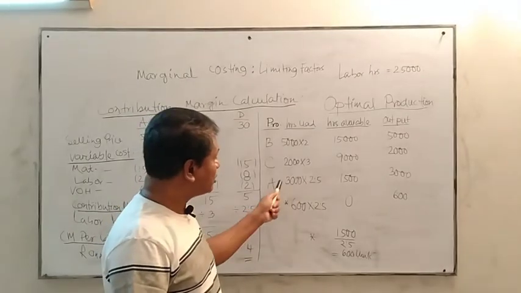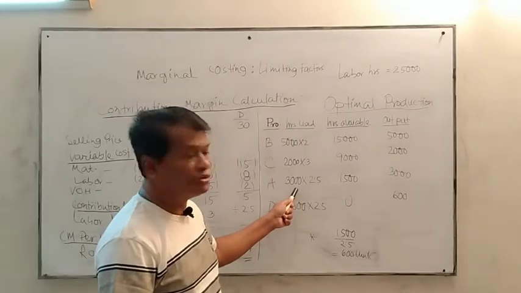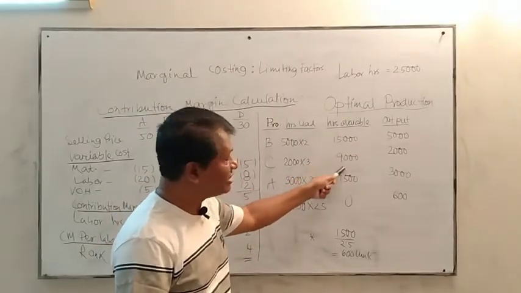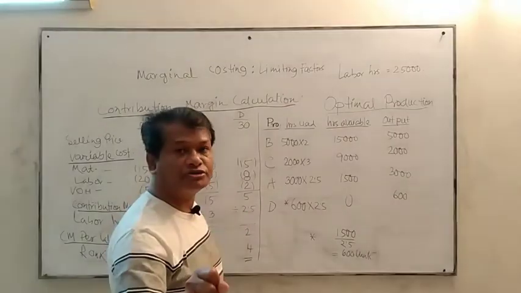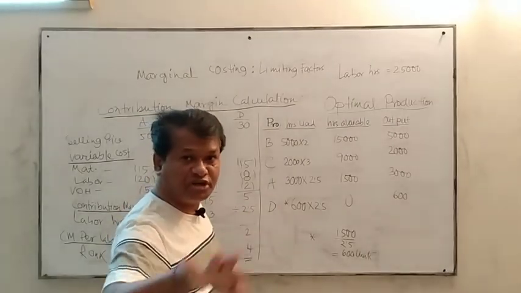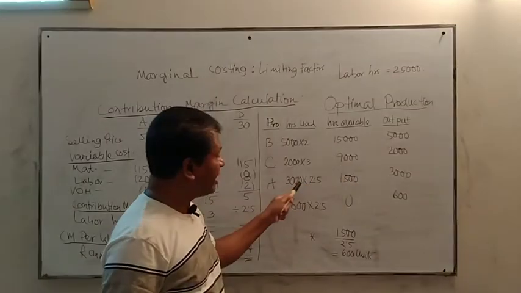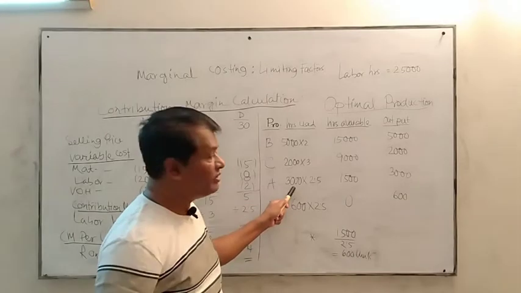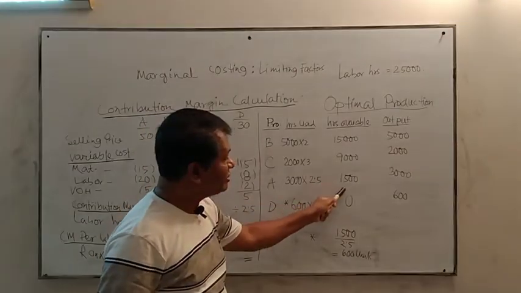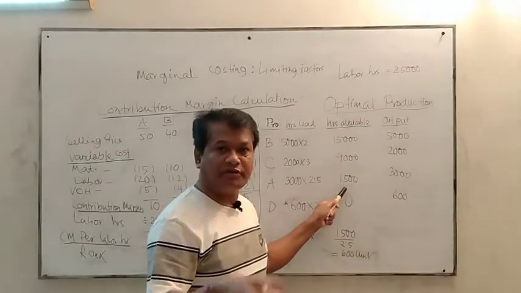For the total production you require 7,500 hours. You already have 9,000 hours available. 9,000 hours minus 7,500 hours leaves the hours available for the rest of the production. So here 1,500. That is the figure. 1,500 hours is available right now.